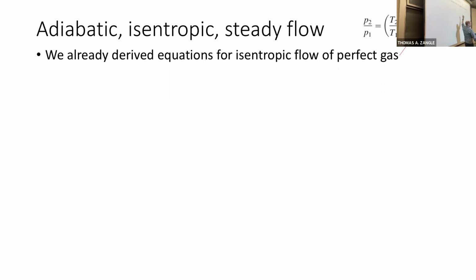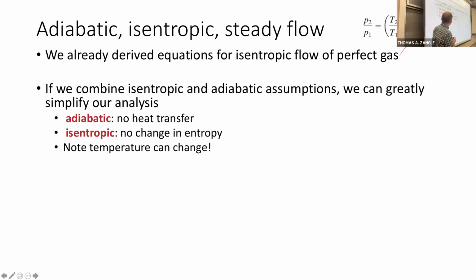We also assumed isentropic flow, so no entropy change in that flow. And if we also assume adiabatic, that there's no heating, then we can greatly simplify our analysis. So we're going to say that there's no heat transfer and no change in entropy.